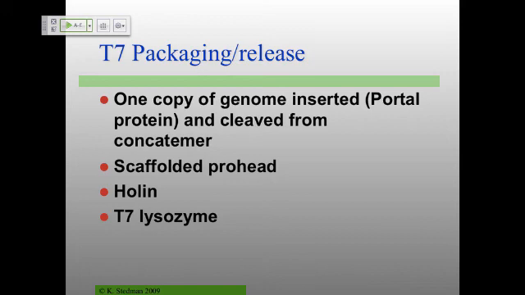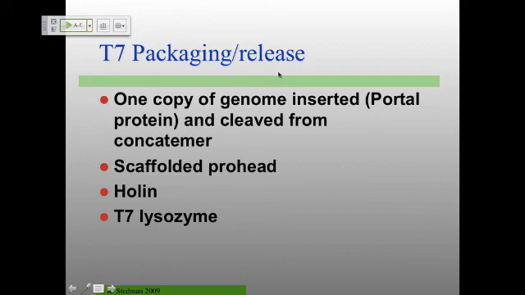Once it gets inside the head structure and it's filled up in there, that then gets chopped off, and you have a new end. That new end goes and finds a new portal protein.